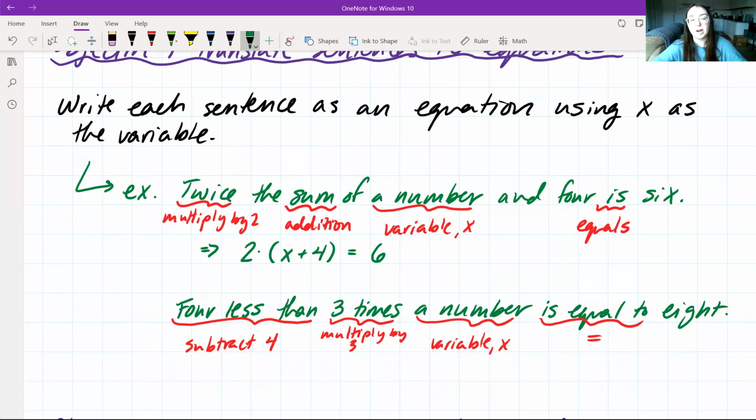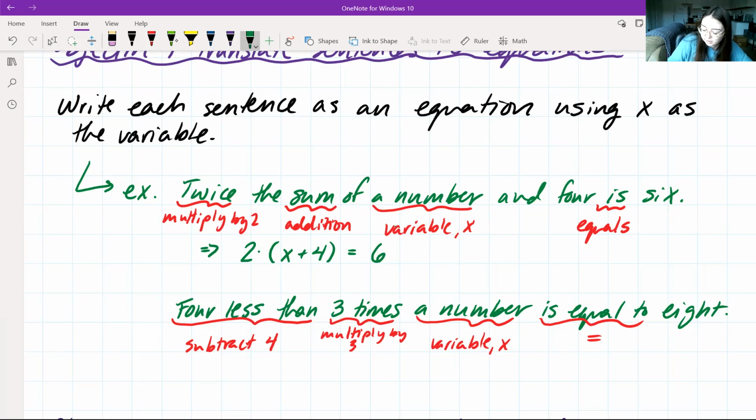So, writing this out, we can't start with a subtract 4. Our subtract here and our multiplication are our operations. But when we have 3 times a number, that multiplication is solely for the variable x. Then our subtracting 4 is going to be our main operation here.